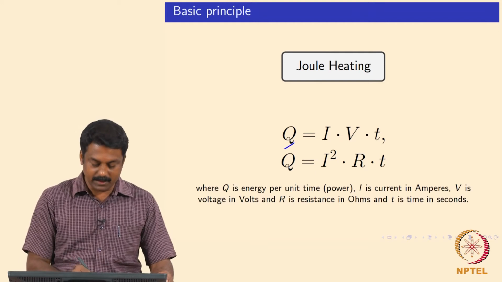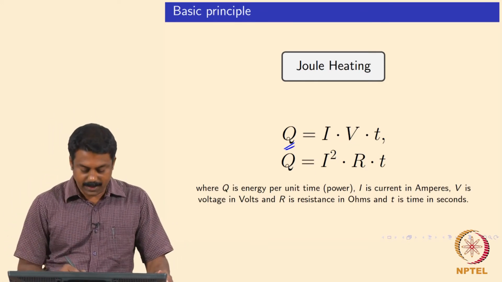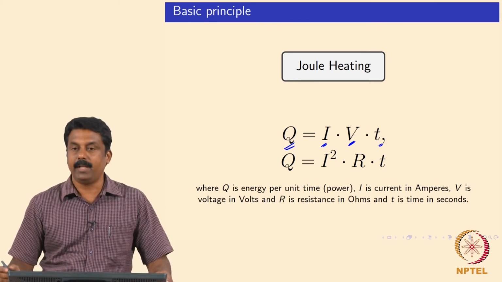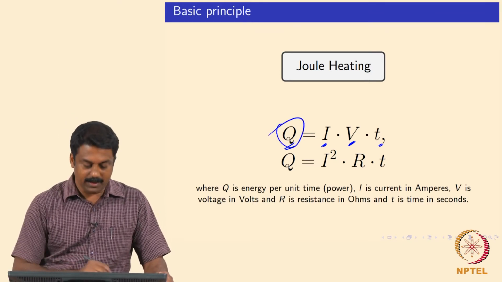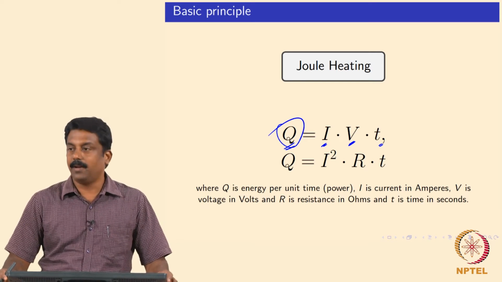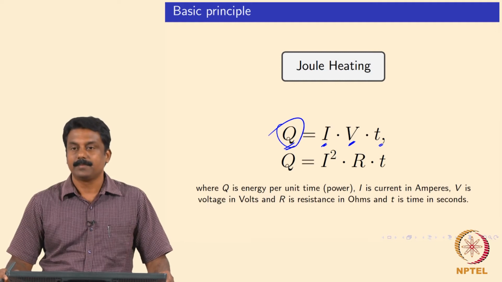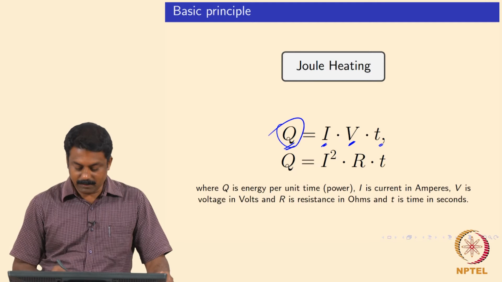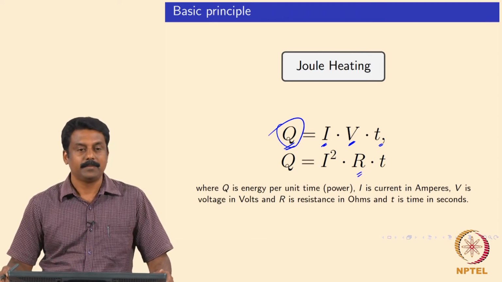The heat generated when you pass a current of I amperes at a voltage of V over a unit time t is given by I times V times t. It is difficult to get V all the time, and it is easy to measure the resistance, so we always replace it with resistance.